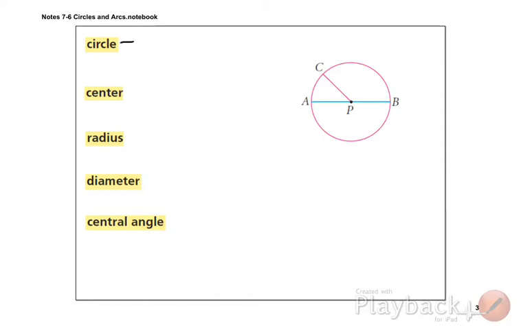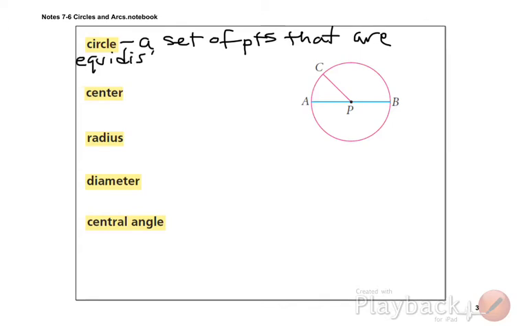A circle is a set of points that are equidistant to a given point. That given point is called the center.